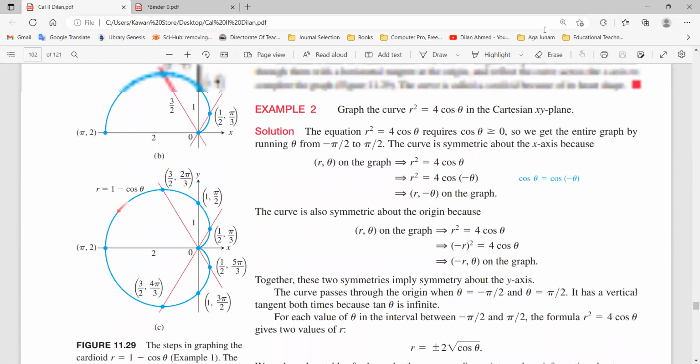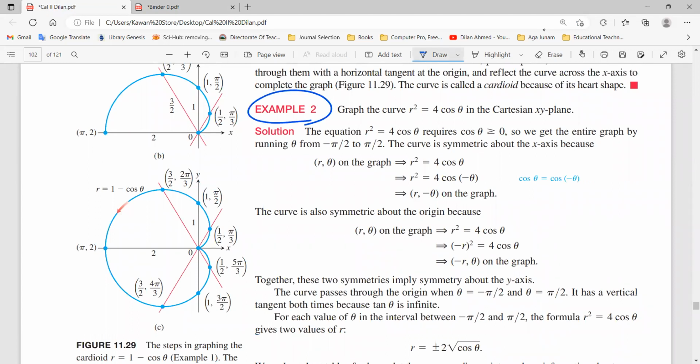For the second example, I'm going to use the classic way again before giving you the clue, or the easy way. I'm going to give you the harder way first, because if you control the classic way to sketch, then later you know how the easiest way works. So we have r squared equals 4 cosine theta.